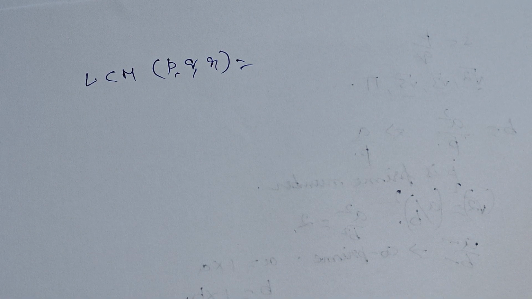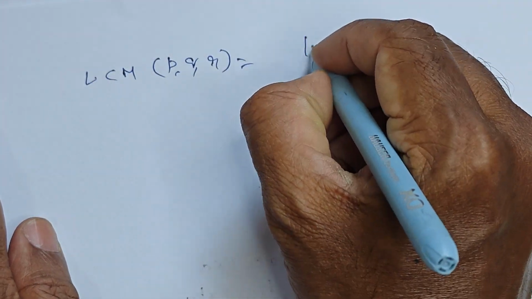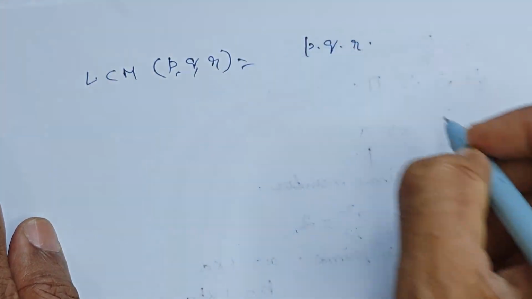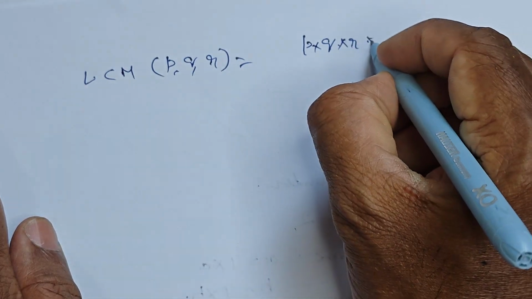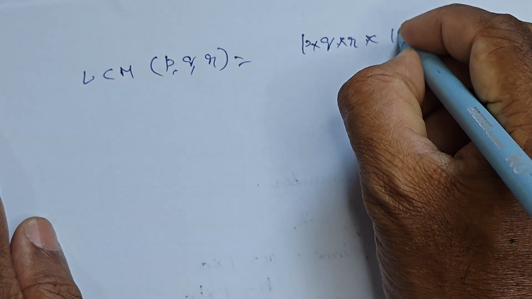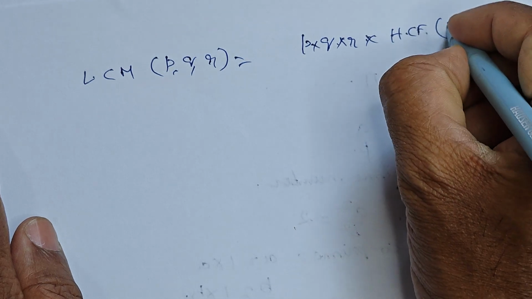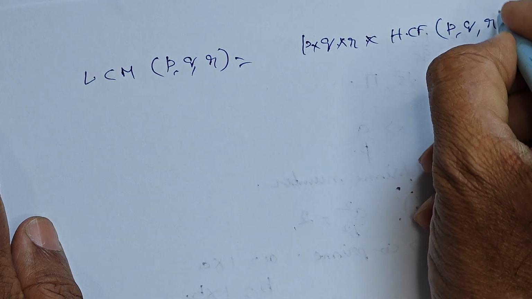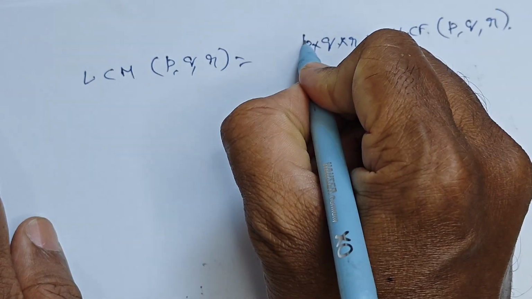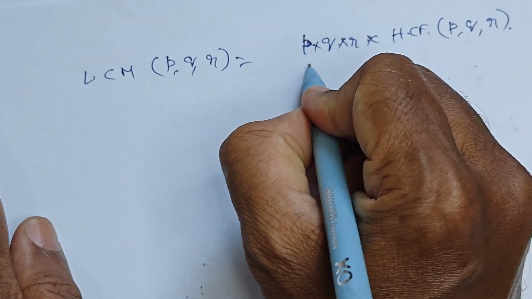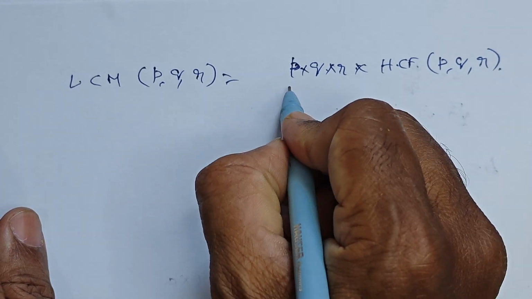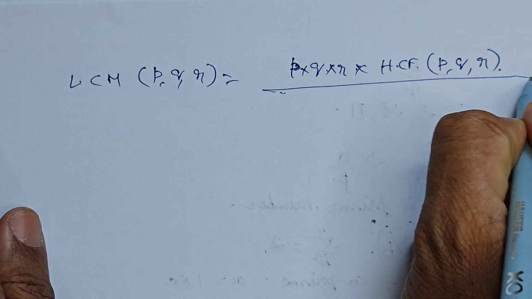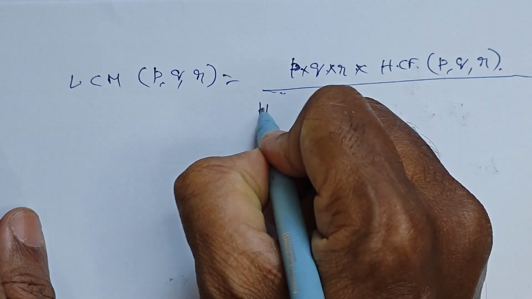Okay, if they are asking the LCM of P, Q, R, and the numbers P, Q, R are given, here you write P into Q into R into HCF of P comma Q comma R, divided by HCF of P Q.